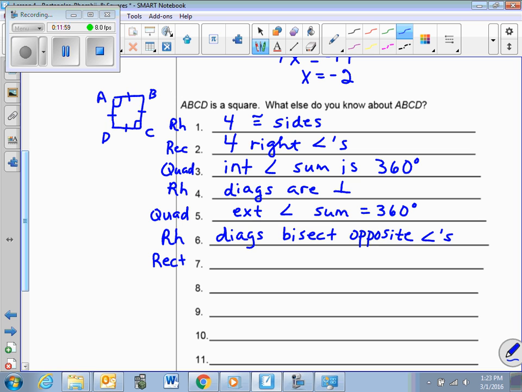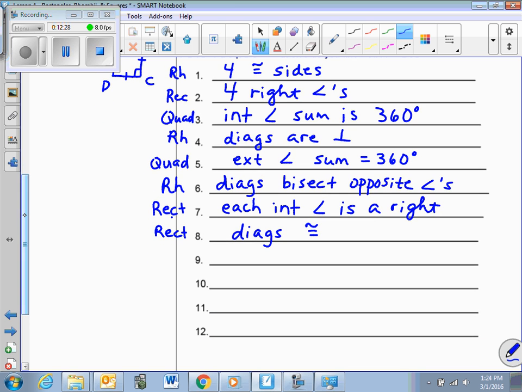Don't we know that each interior angle is a right angle? We sure do. And we know that because the square is a rectangle. Another thing about the diagonals. We know they're congruent, right? The diagonals are congruent. Same is true of a rectangle. So I think we've got the square covered from the rhombus and rectangle point of view.